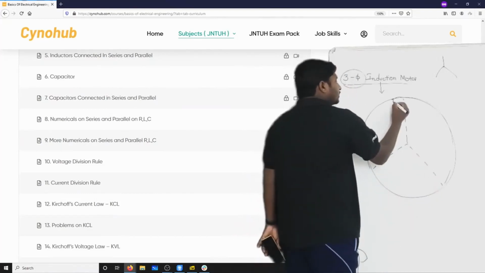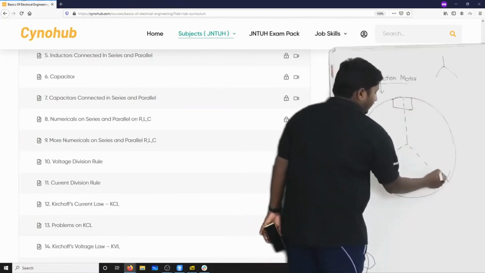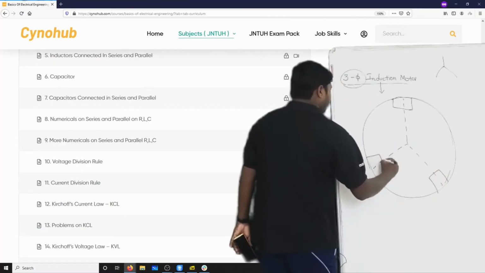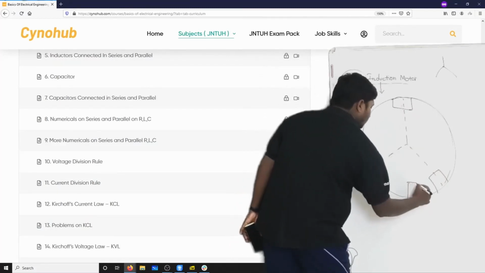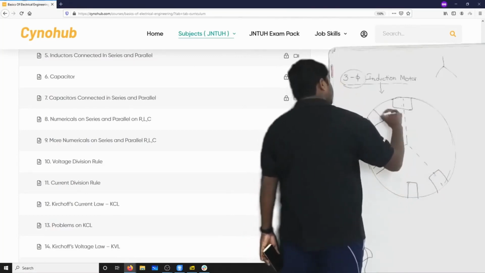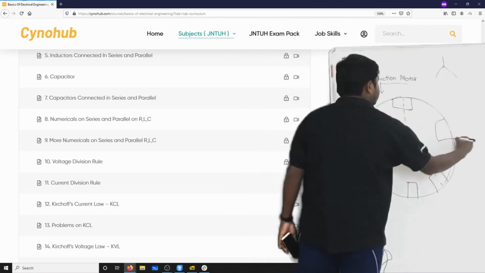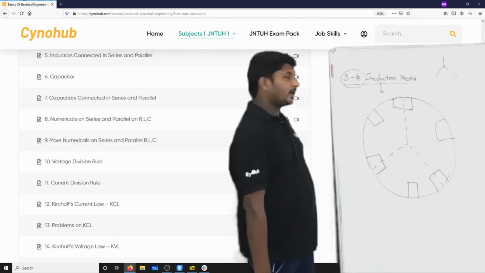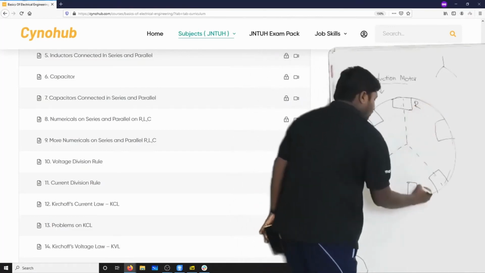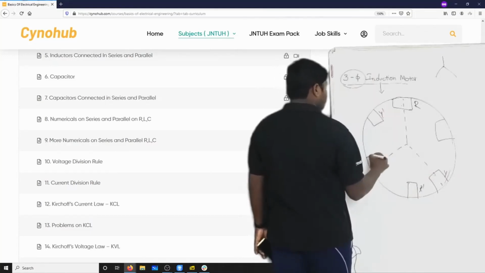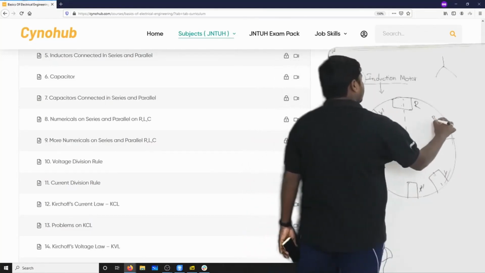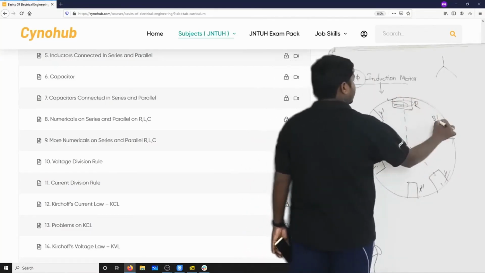Here you will have one pole, here another pole, and here another pole, and opposite to each of these there is one more. So, this is R dash, this is Y dash, and this is B dash, and we will have a winding also.